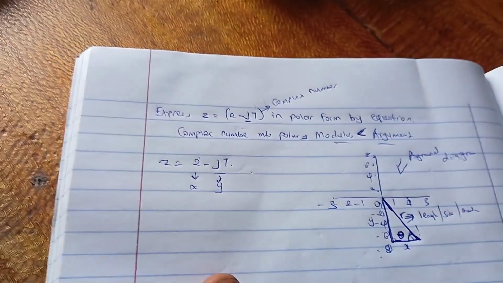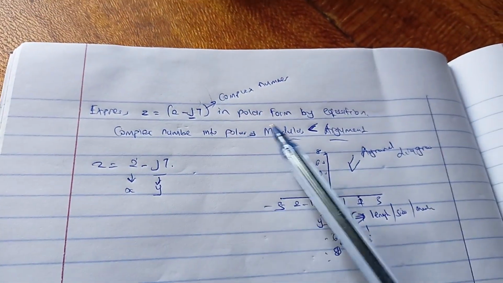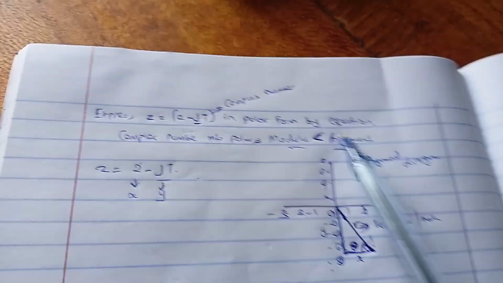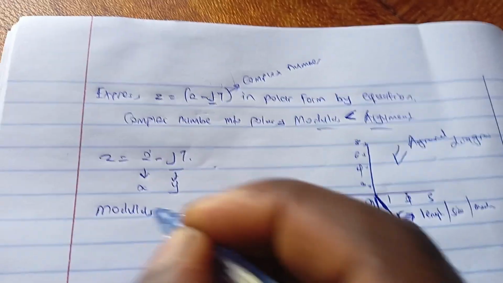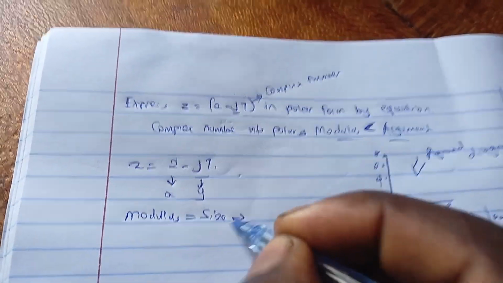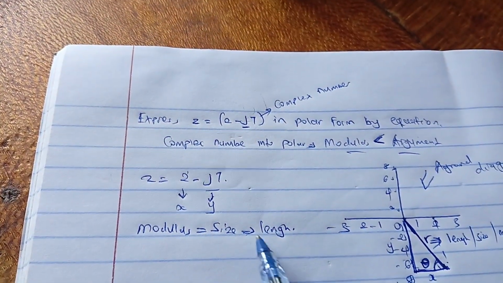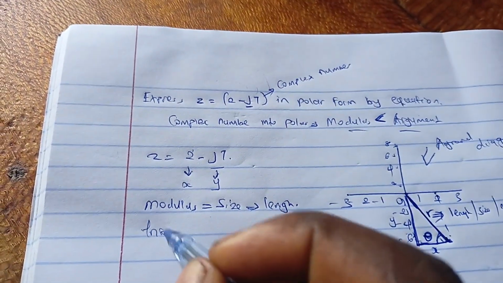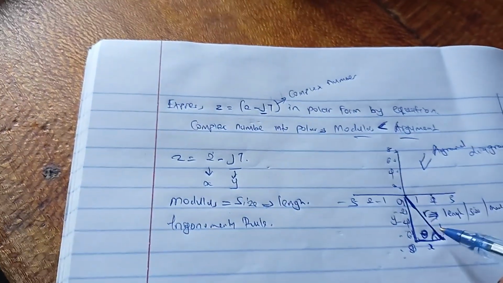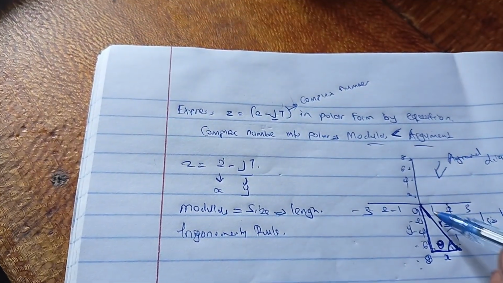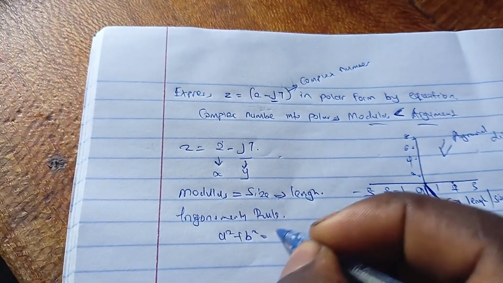Understood? So as I said earlier, to represent your polar form, you have to find the modulus and the argument. Let's start with the modulus. Modulus is the same as size, the same as length. To find it, we use trigonometry rules. To find the hypotenuse, they always say a squared plus b squared is equal to c squared.